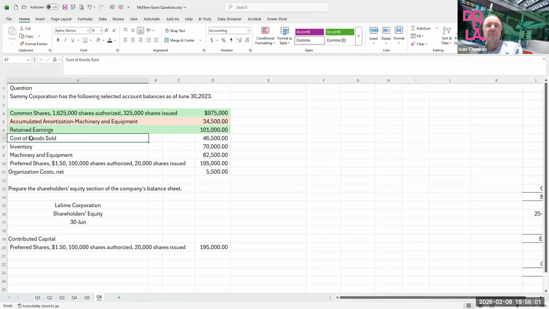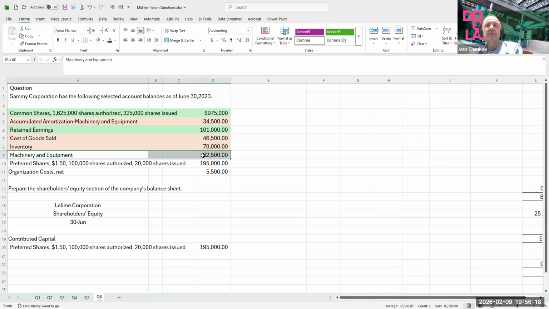Cost of goods sold, is it part of the shareholders' equity? No. Thank you, Xiaolin. Inventory, is this part of the shareholders' equity? No. Machinery and equipment, is it part? No. Preferred shares, is it part?